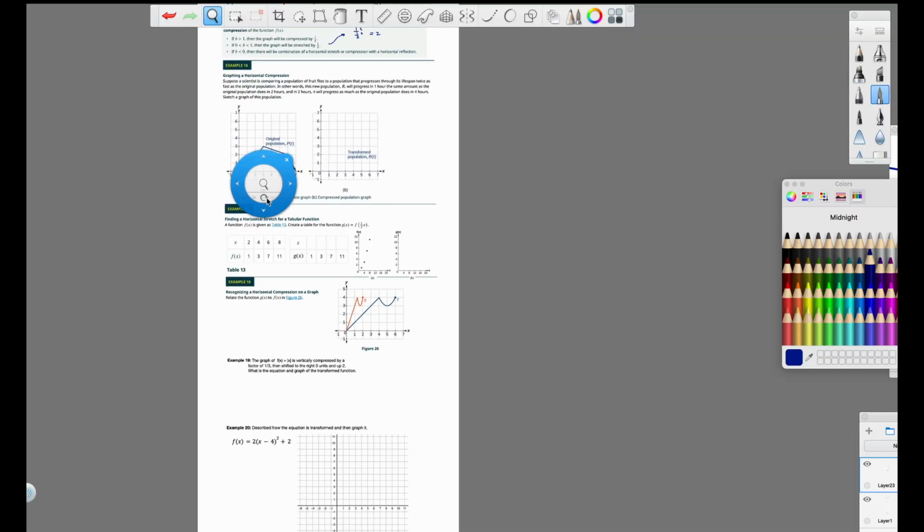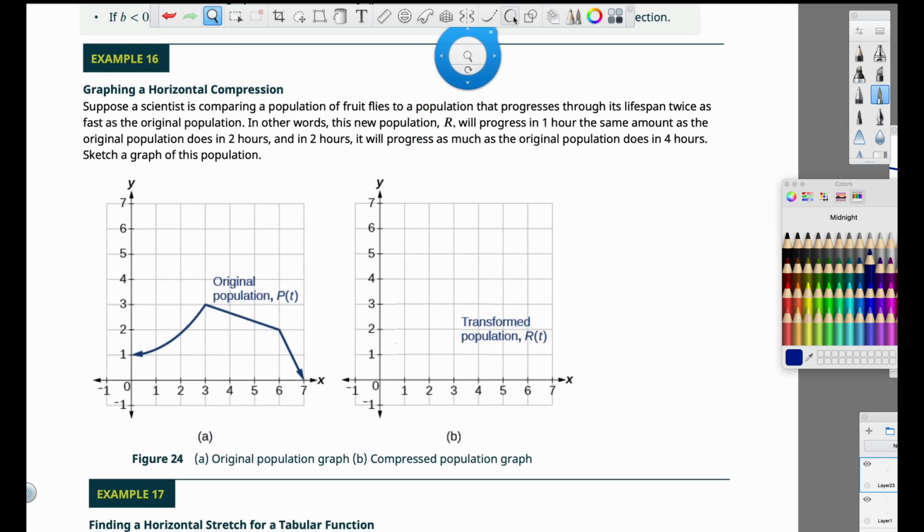Okay, let's take a look at 16. We're going to do a horizontal compression here. So back to the same fruit flies that we saw before. Suppose a scientist is comparing a population of fruit flies to a population that progresses through its lifespan twice as fast. Remember, this x right here was time, so time being lifespan.